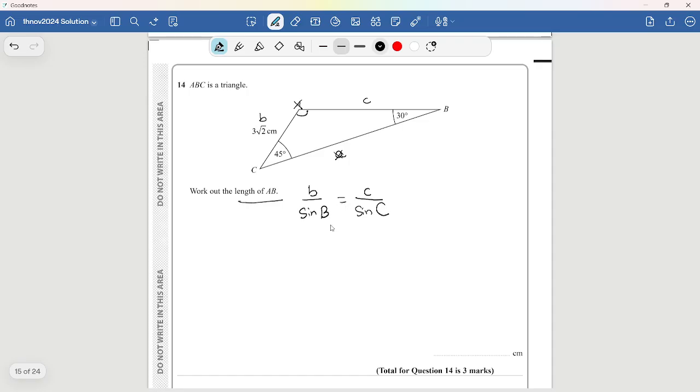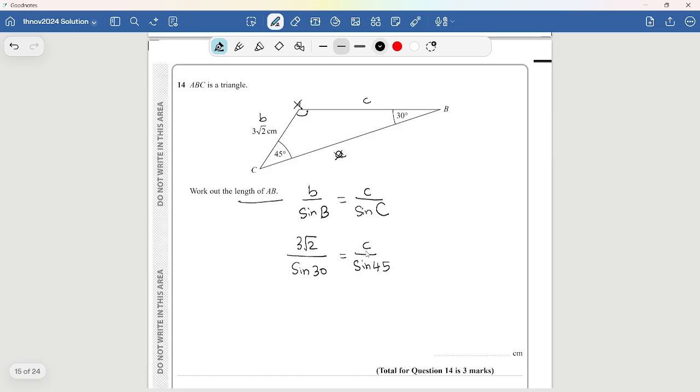Now substituting the values here, what is b? b is 3 root 2, 3 root 2 over sine B. Sine of the angle B is sine of 30. Angle B is 30 degrees. c is missing and we are figuring out what is the value of c over sine C. The angle C is 45, so that is sine of 45 degrees.